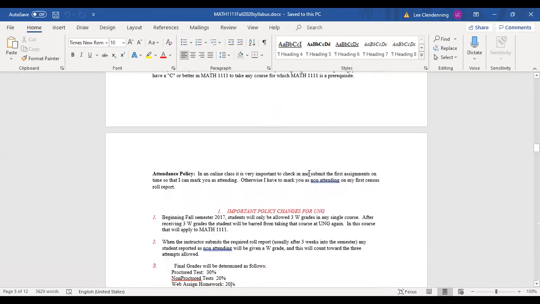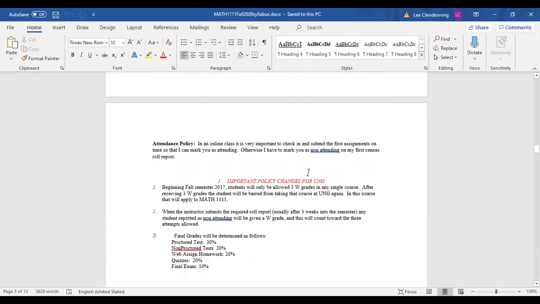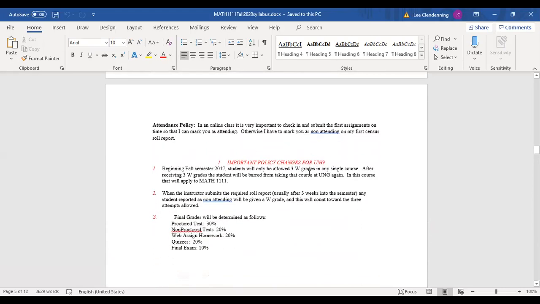And its policy is very important to check in and submit the first assignments on time. Otherwise, I have to mark you as non-attending. So the first week, the syllabus quiz will be our first attendance event, and you're supposed to get into D2L and post a discussion on the discussion list. We'll try to show you that when we enter D2L.